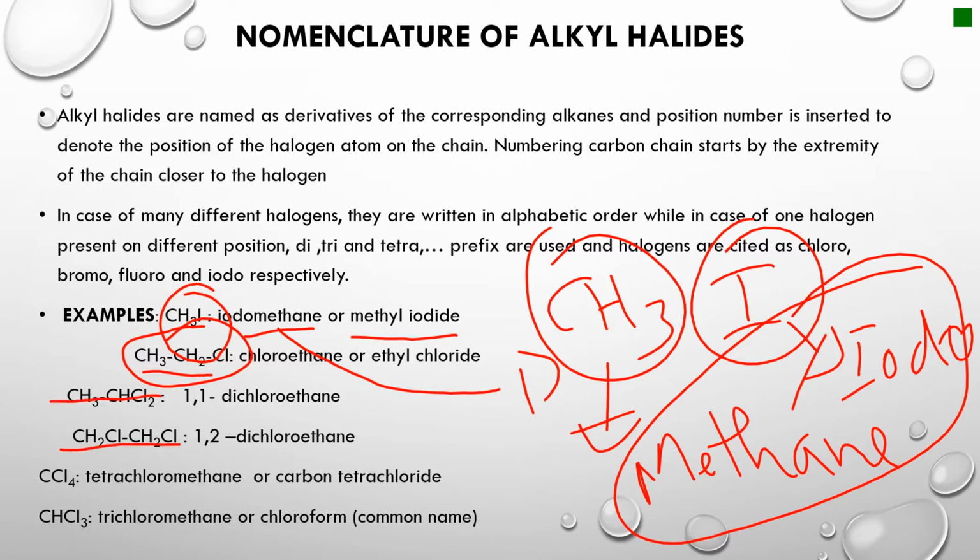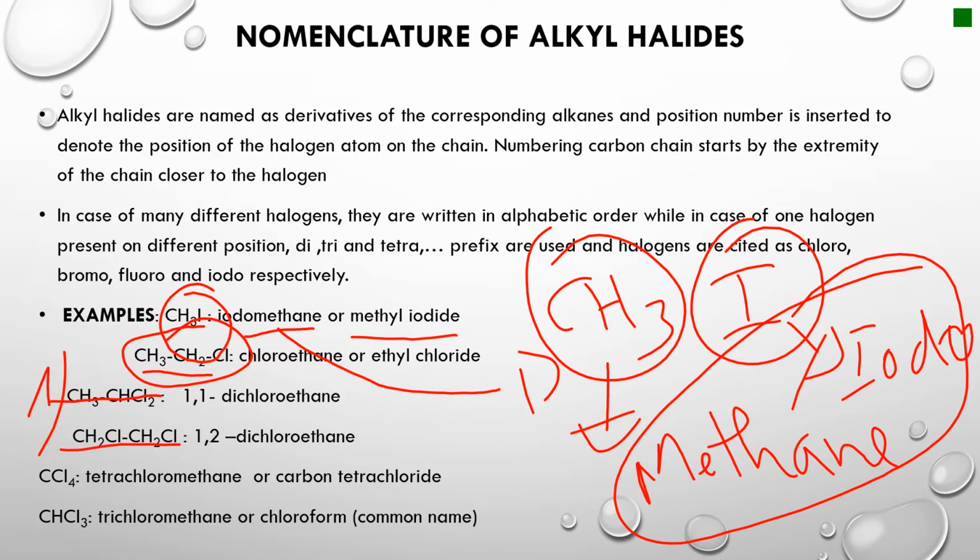Third and fourth examples, we have two halogens in a chain having two carbons, but these two halogens are not on the same carbons. For the first example, the two chlorines are attached on the same carbon.